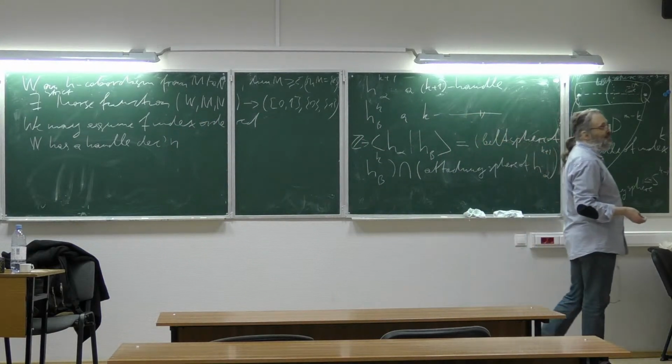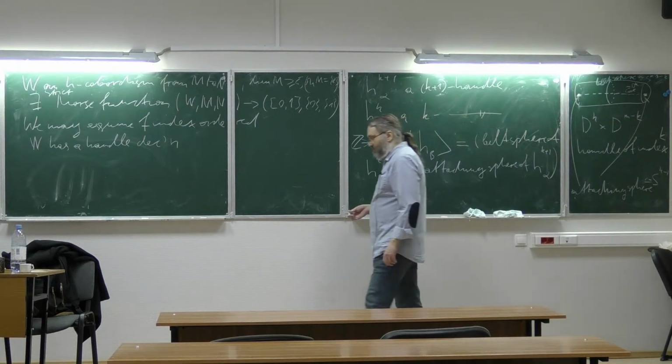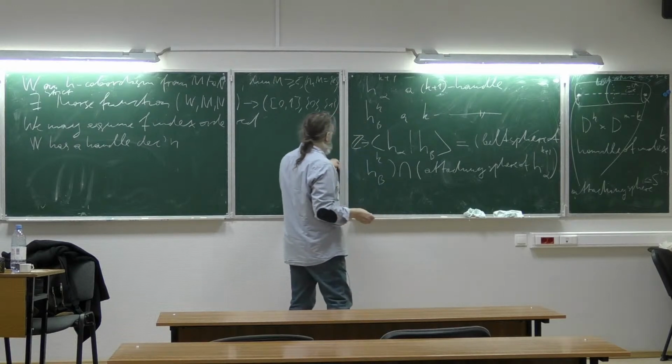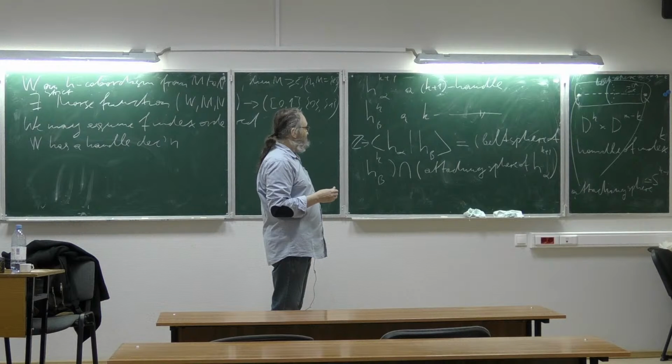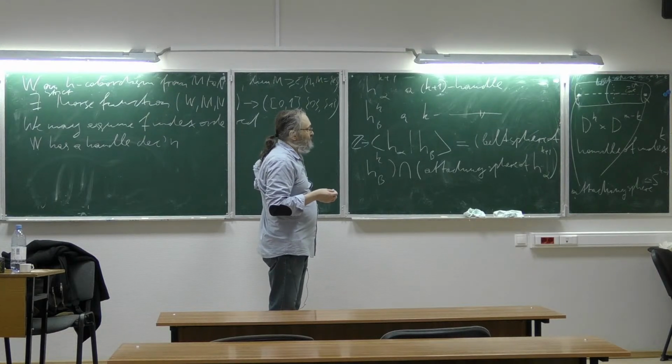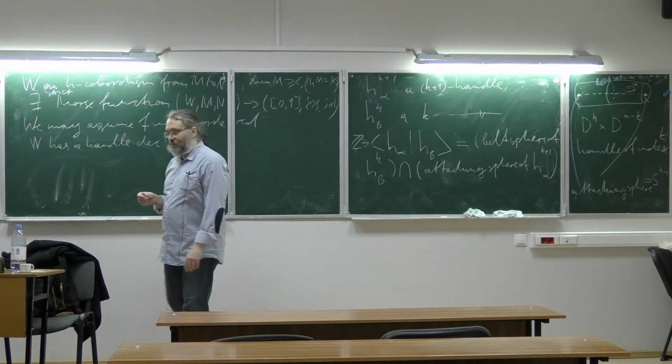So we are asking the following problem. We have attached this first handle, and then we want to attach the next handle of larger index. This means that we have to put the attaching sphere somewhere on the boundary, on the current level set.